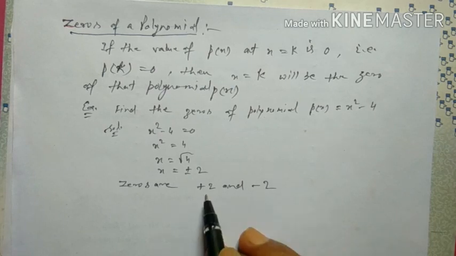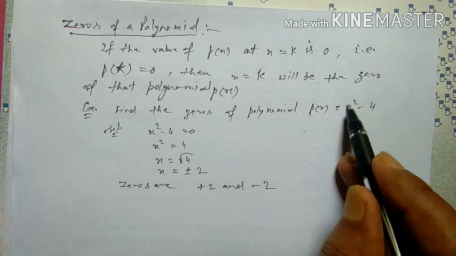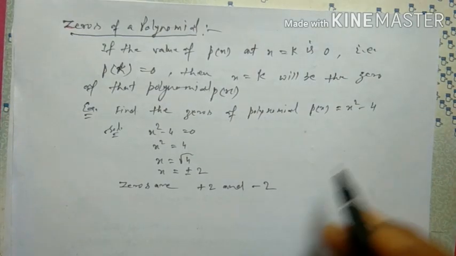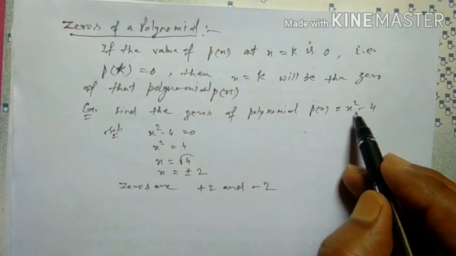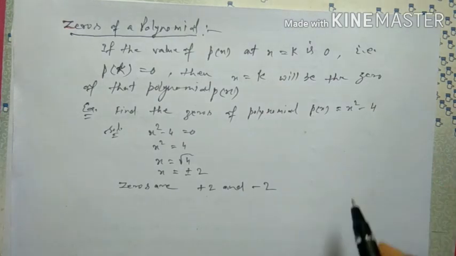When we put x equal to 2 here, 2 square is 4, minus 4 equals 0, and when we put minus 2 here, minus 2 whole square equals 4, minus 4 also becomes 0.